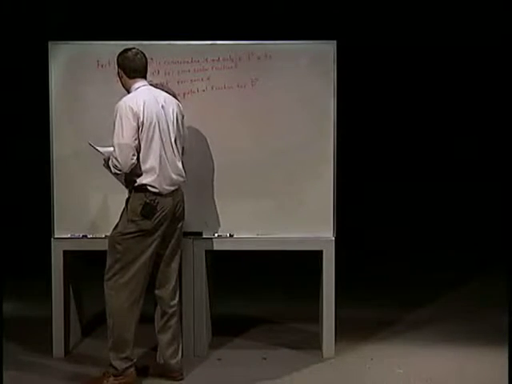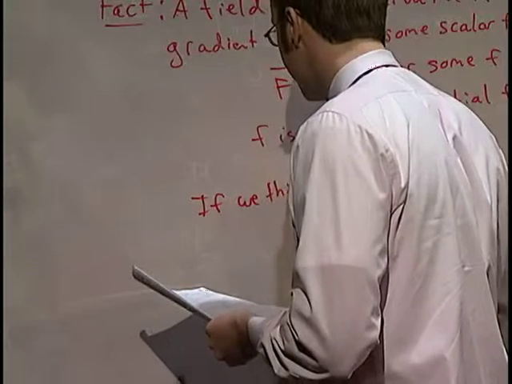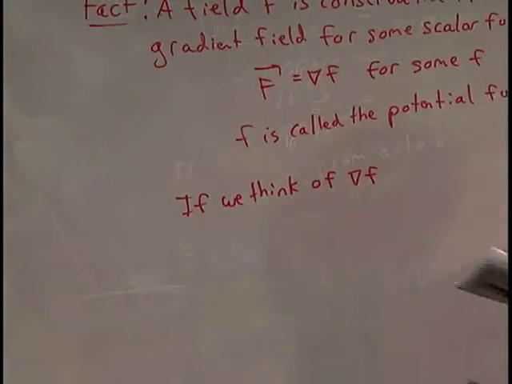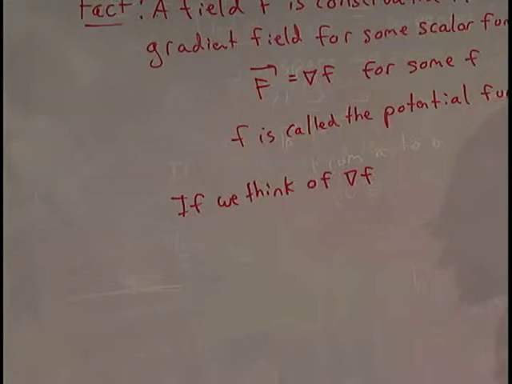And so what do we have here? Well, remember that grad f is just the partial derivatives with respect to each of the variables in f. So partial f, partial x, partial f, partial y, partial f, partial z.